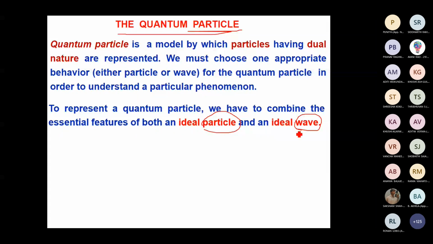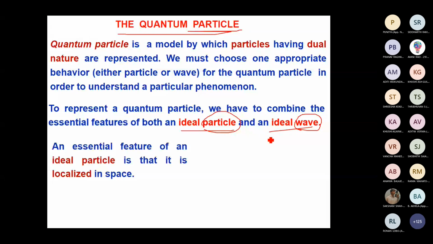What are the features of wave and particle? If you take the particle, the essential feature is that it is localized in space. When I say a particle, we can say the particle is at this particular position, in a region of space.